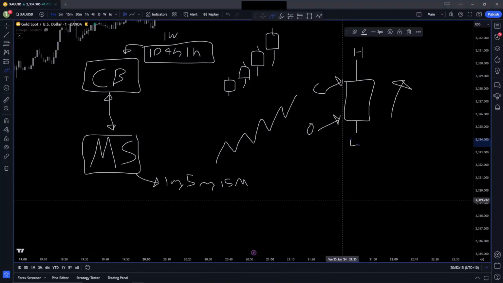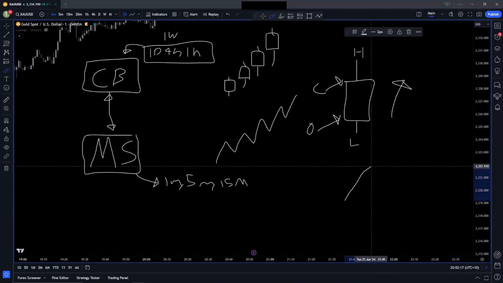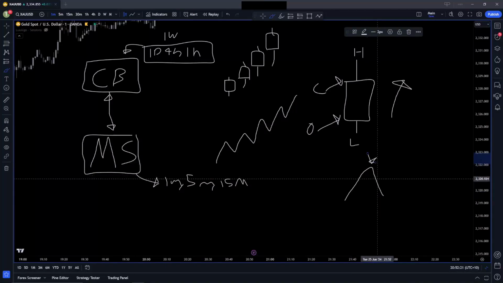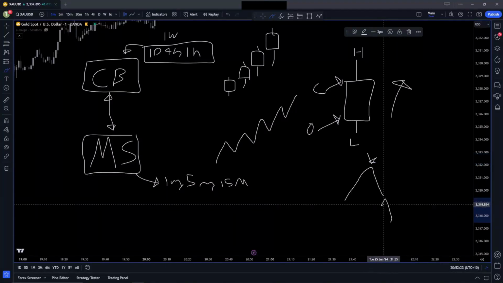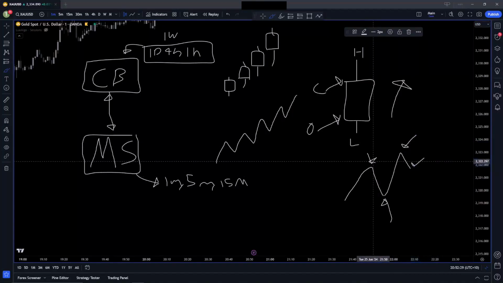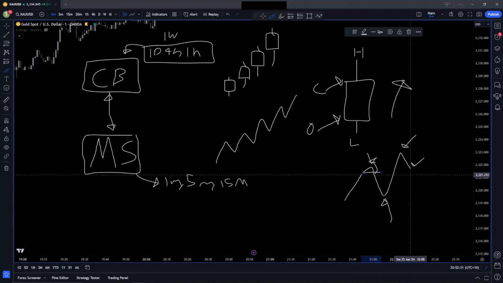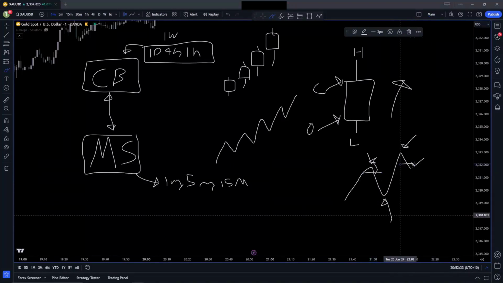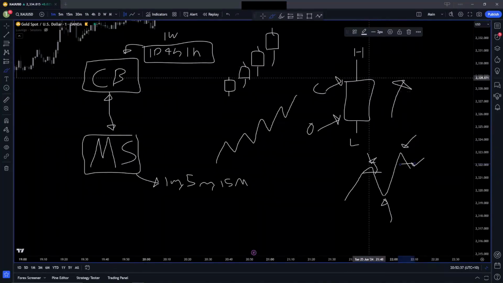If the candle opens around here, you have a low here, and then a high with the close. Or open, close, not a very strong candle, but you have lots of big wicks there. That's just the anatomy of a candle.